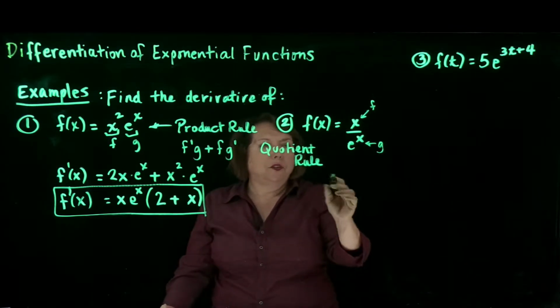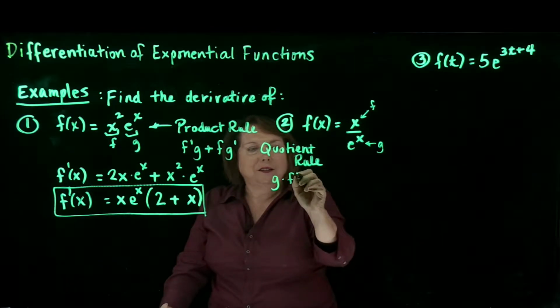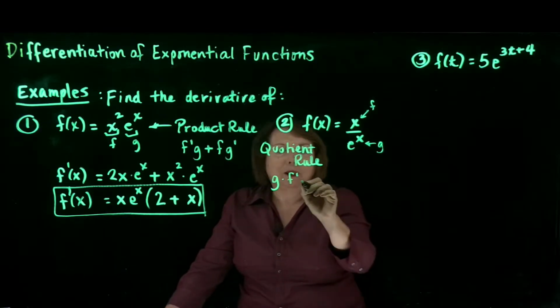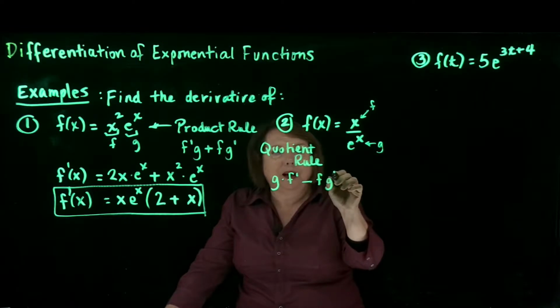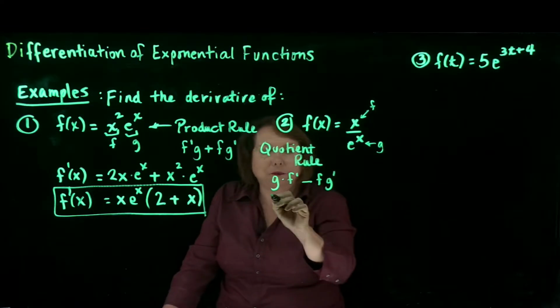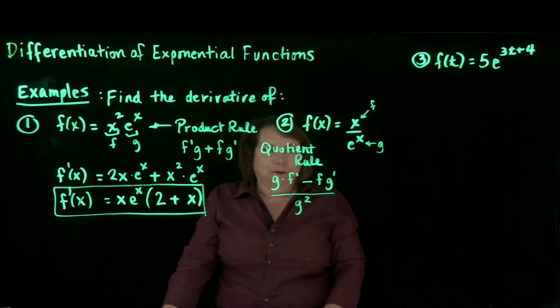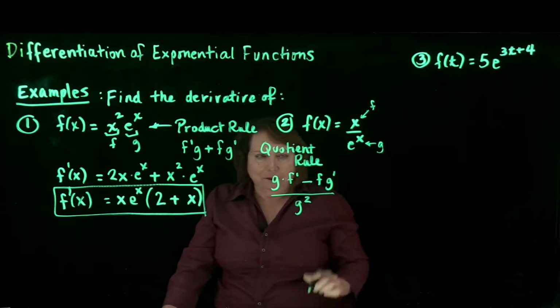So we have low times the derivative of the high, so g times f prime, minus f times g prime, the high times the derivative of the low, divided by the low squared. Low d high minus high d low divided by low squared.